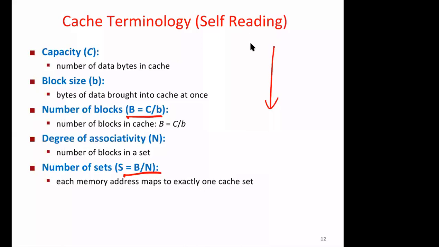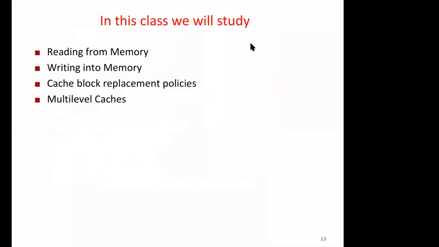You can easily calculate using this. So this was what we discussed yesterday, and today we'll discuss how we read from memory, how we write into memory, what the techniques are, what the cache structure is, and what the cache replacement policies are, and then we'll look briefly at multi-level caches.